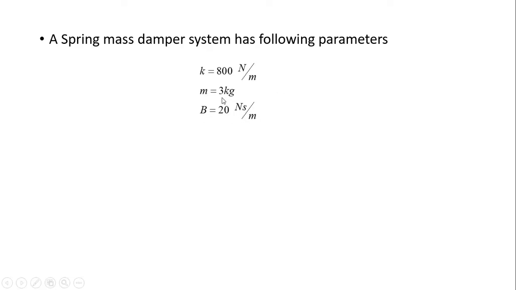But out of these three forces, the force due to mass is zero since acceleration is zero, and if velocity is zero, then the resultant force is only due to the spring stiffness. Hence the force finally remains as F is equal to Kx.